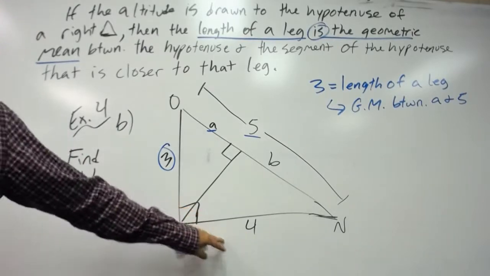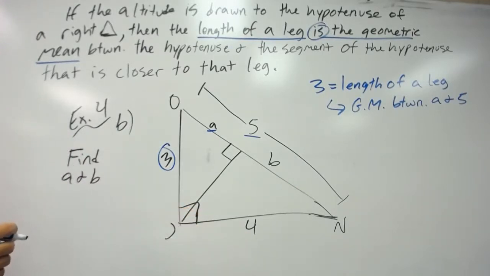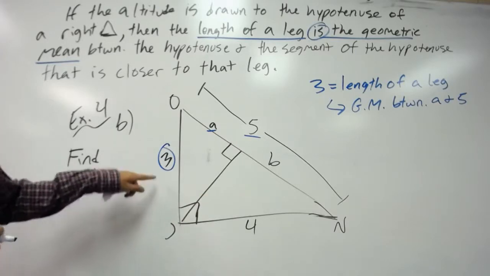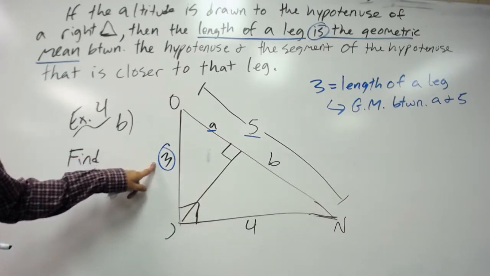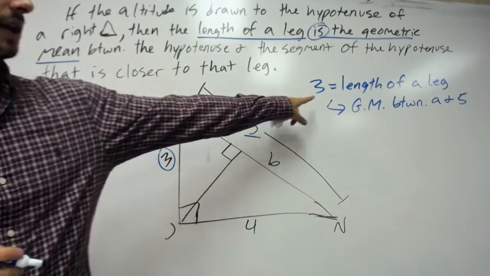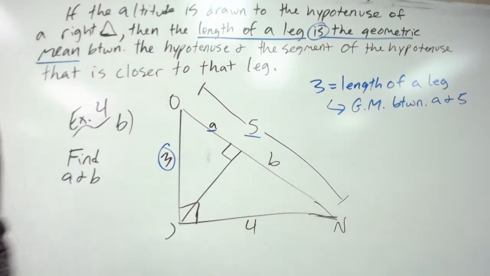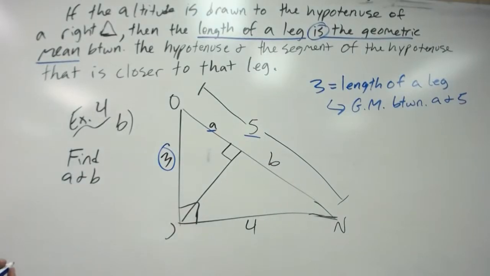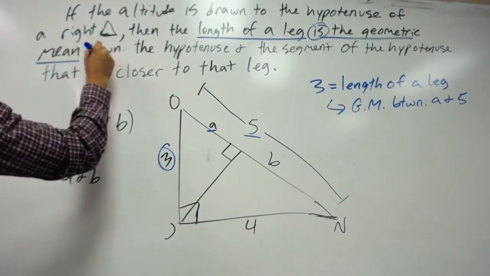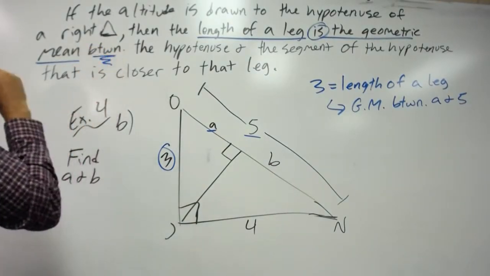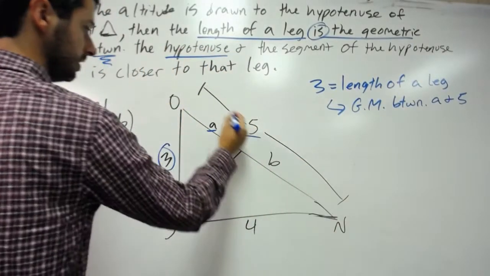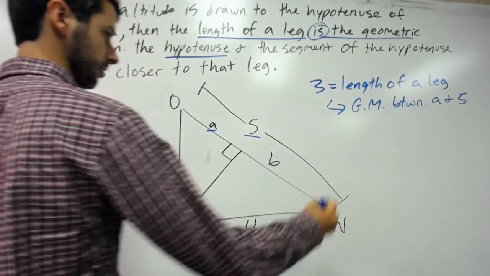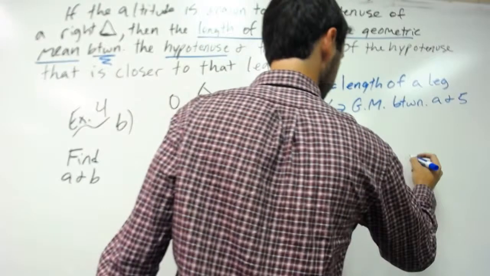So either of these could be a geometric mean for different variables, but I'm going to first look at the 3. This is our geometric mean because it's the length of a leg. Now what is it the geometric mean between? Well, it's between the hypotenuse. What's our hypotenuse? Our hypotenuse is 5.